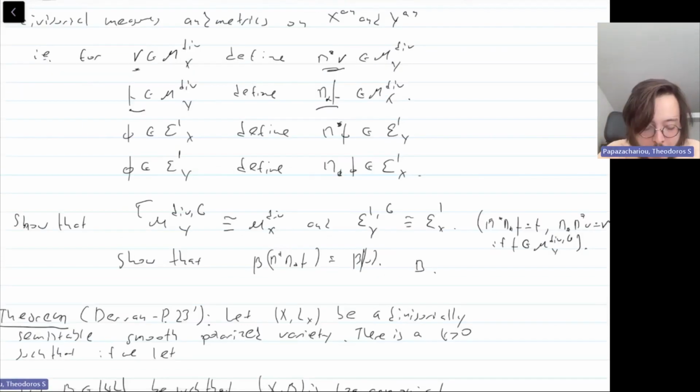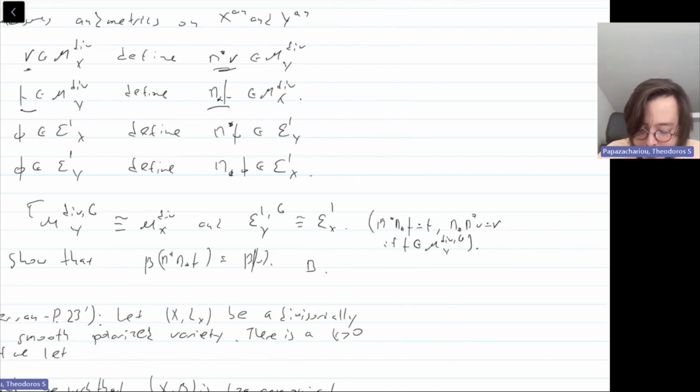And I want to show these two things really. I want to show that the set of G-invariant divisorial measures on Y is isomorphic to the set of divisorial measures on X, and that the set of G-invariant metrics on Y is essentially isomorphic to the set of metrics on X. The idea is that you do it by showing that these pullbacks are inverses of each other for μ and ν respectively.